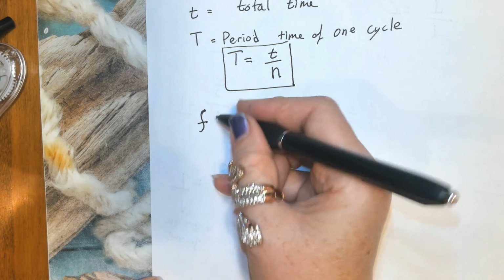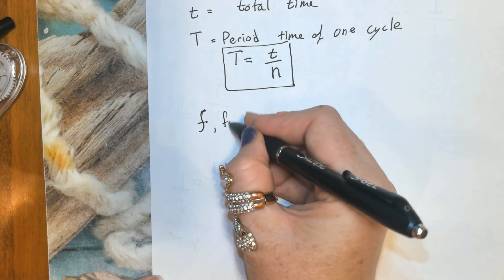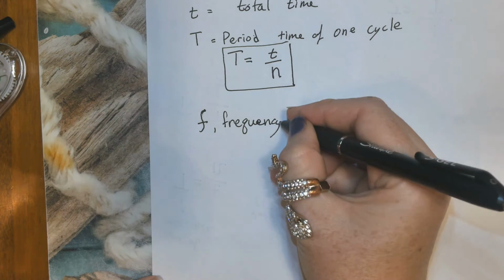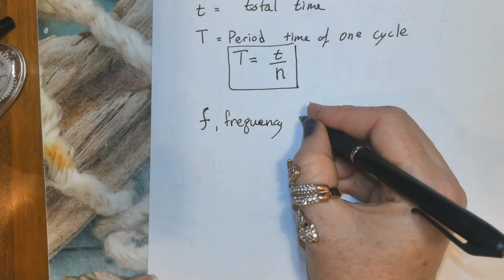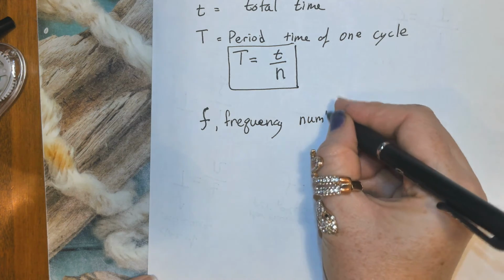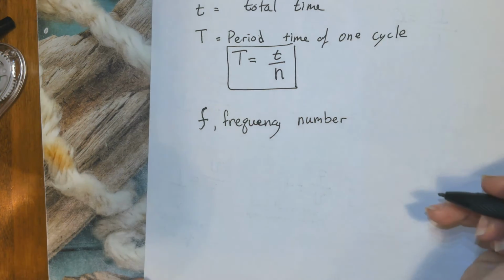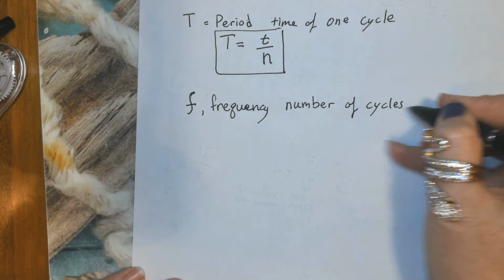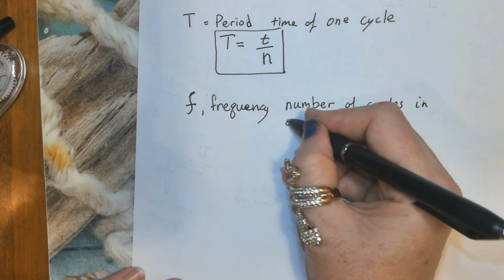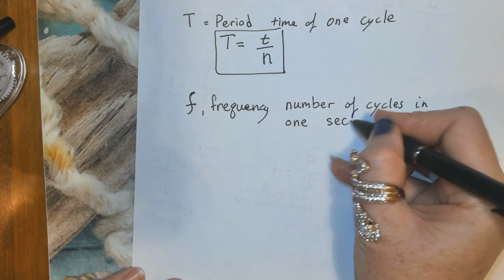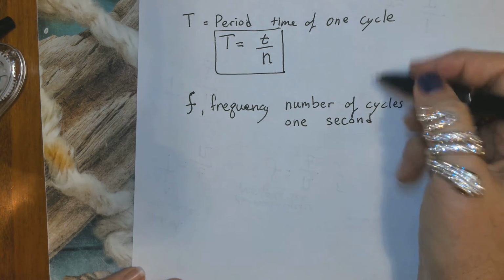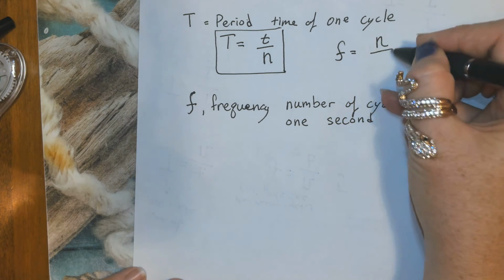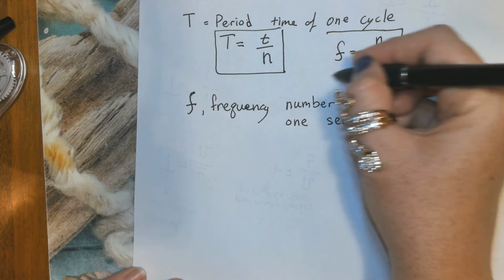Frequency, we let little f stand for frequency. Frequency is the number of cycles per 1 second. How many cycles occur in 1 second? And frequency equals little n over little t.